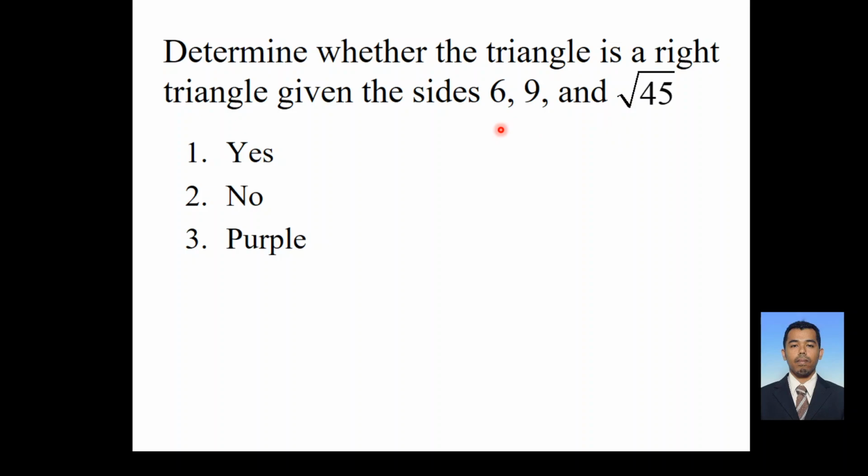Use the Pythagoras theorem formula by substituting these three values, but before that you must know which value is the biggest, because the biggest value will be the hypotenuse. At the end of your answer, this is a right angle triangle.